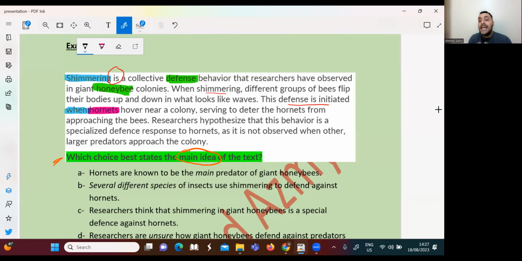They express the tone of the author. Where is the important adjective here? Researchers hypothesize that this behavior, shimmering, is a specialized defense response to hornets. Where is the adjective here?